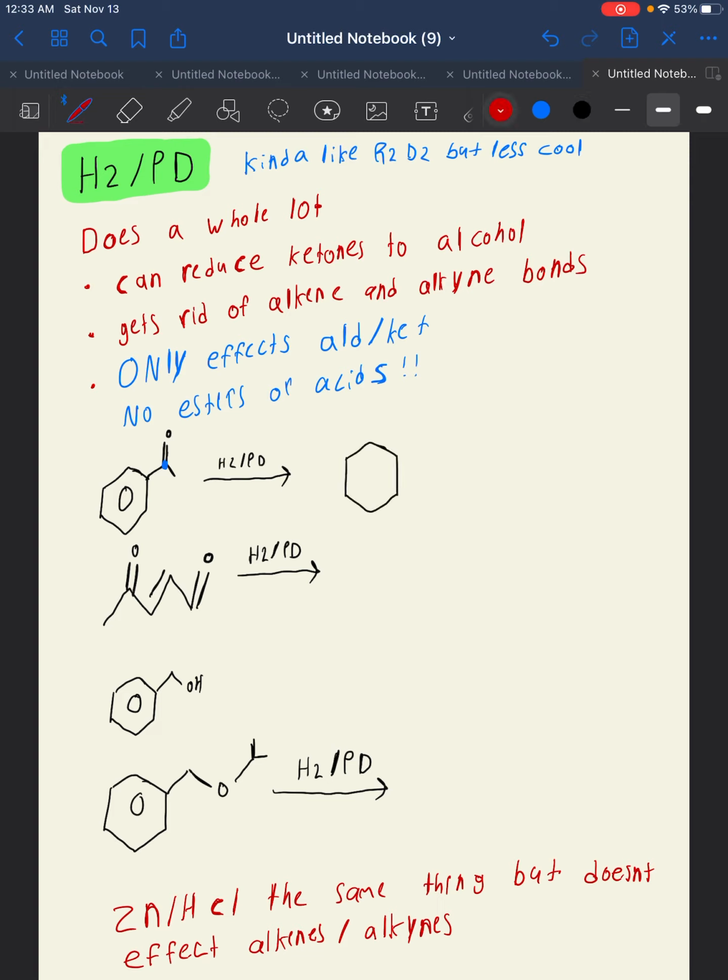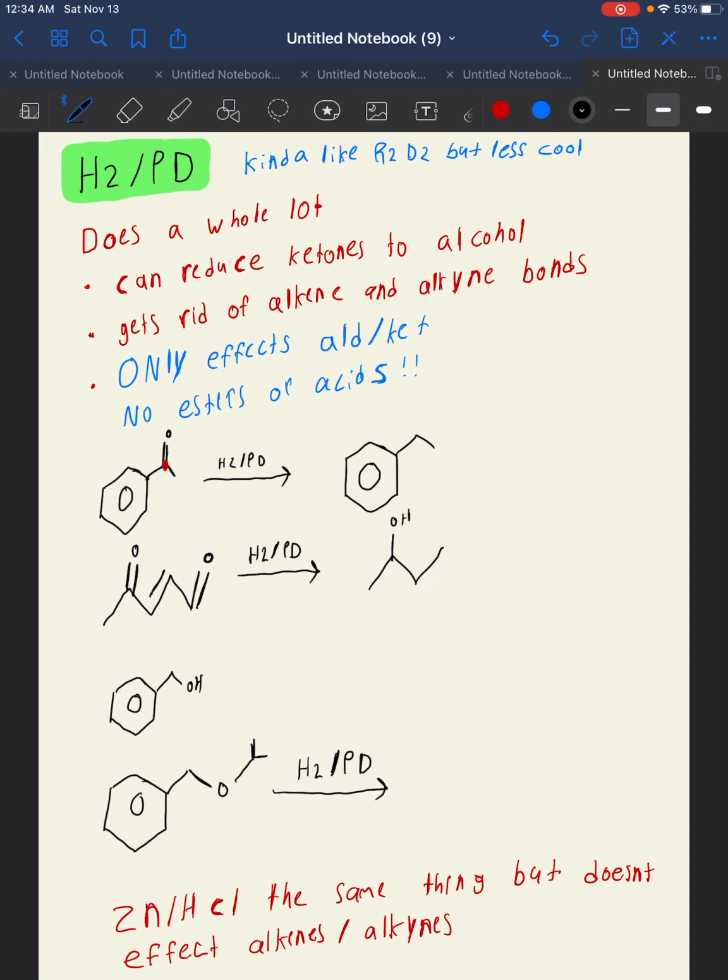The benzylic position is right here when attached to a benzene ring. So it will actually get rid of that ketone and leave us something like this. Now, for an overall just drawn out molecule that's not part of a benzene ring, it will do this.